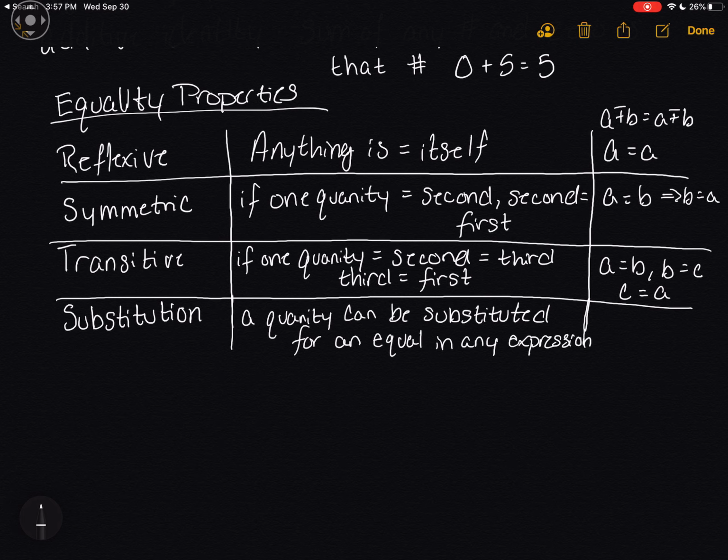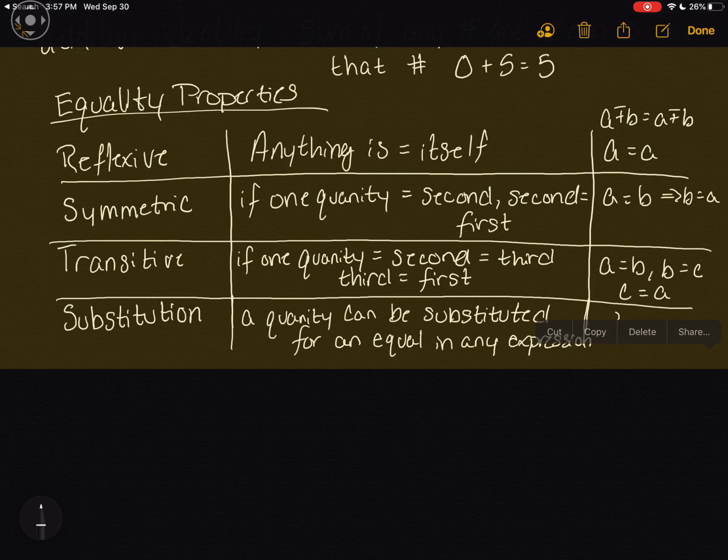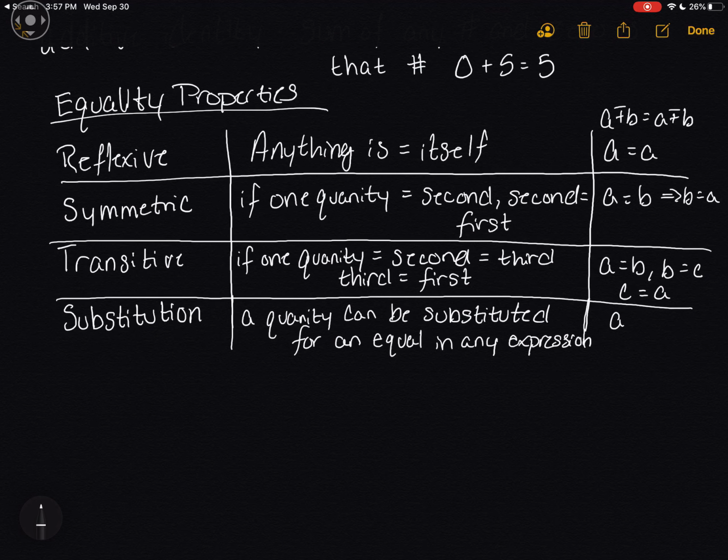So for example, if A is equal to B, then you can replace A with B. So it's what we've been doing when solving expressions.